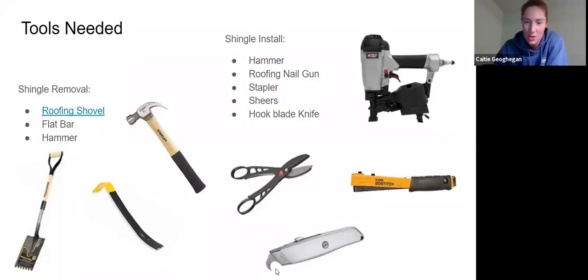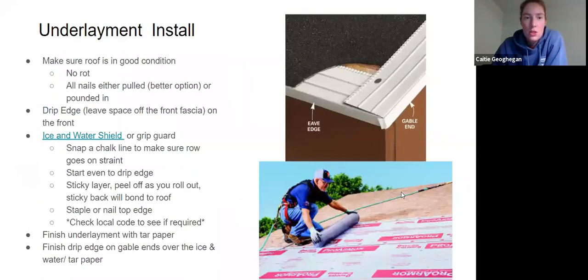If your shingles are cold, it's hard to use. So I also like to have a pair of shears, which cut through really smooth. And then we have a stapler. So this would be if you didn't use those button caps that we just saw and you wanted to staple your underlayment, you can get a stapler like this for pretty cheap. So not too bad for tools.